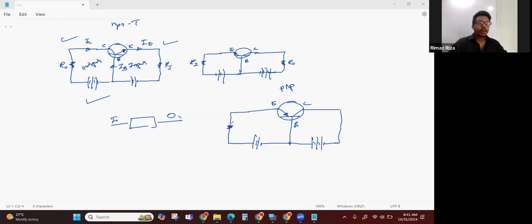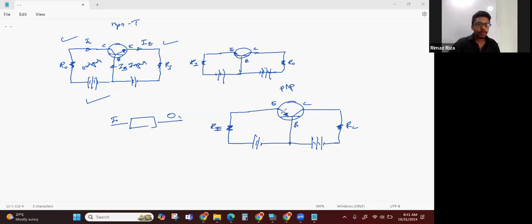And then to give the input resistor, you can mark RI, or since it's in the emitter terminal, you can mark RE also. Totally fine. Then to take the output, an RC resistor.